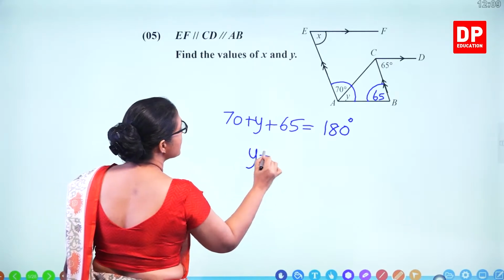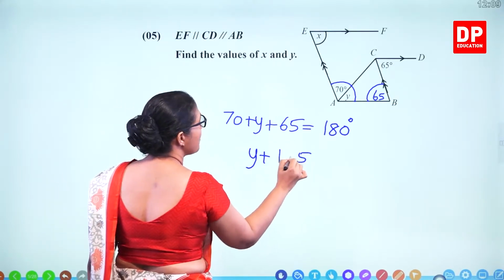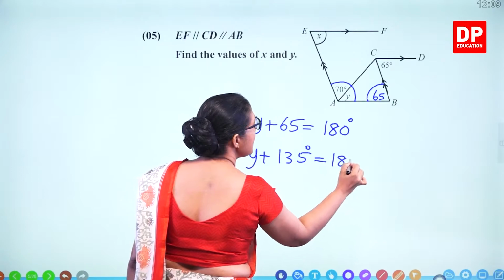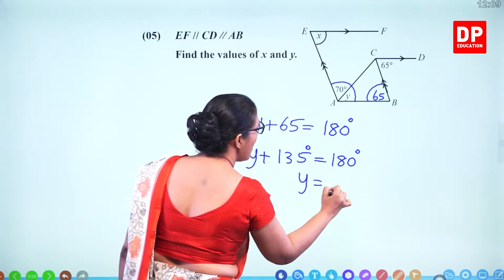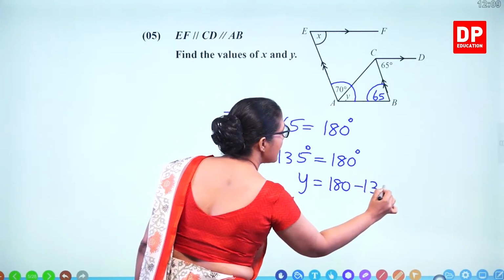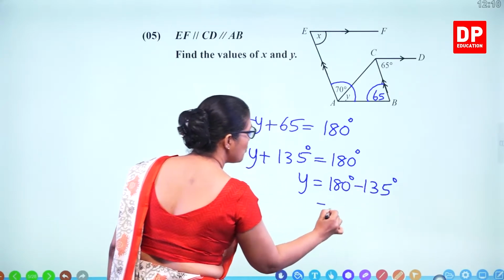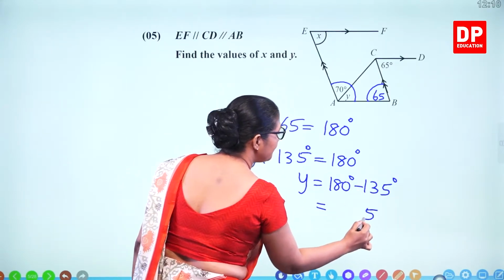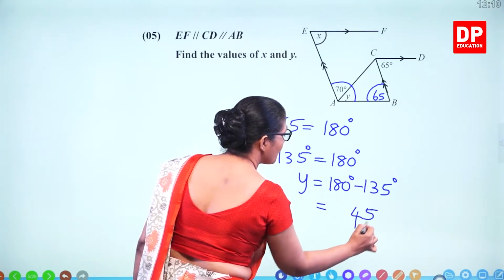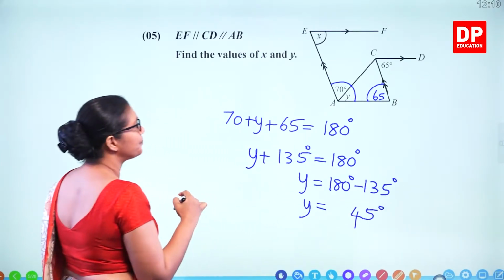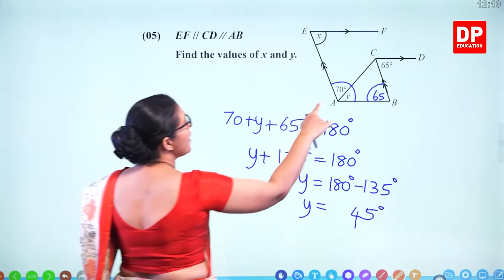So y plus, when you add these two, 135 is 180. So what's the y value? 180 minus 135. So you get 45. So 45 is y value. We found y is 45.